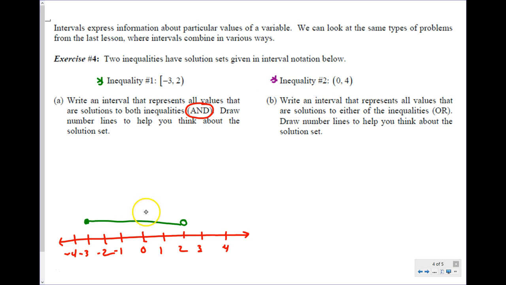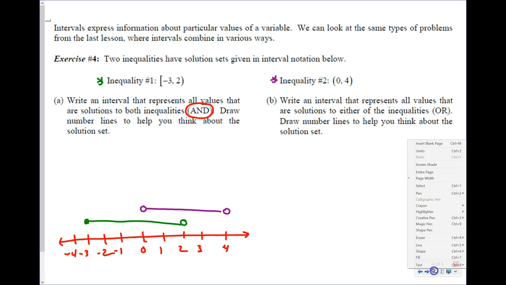I have an open circle on 0 and an open circle on 4. And now I'm going to look, where do these two intervals overlap? They overlap here. Right there is where the two things are together, where the word and comes into play. Okay, so when I write my new interval, what's my lowest value?